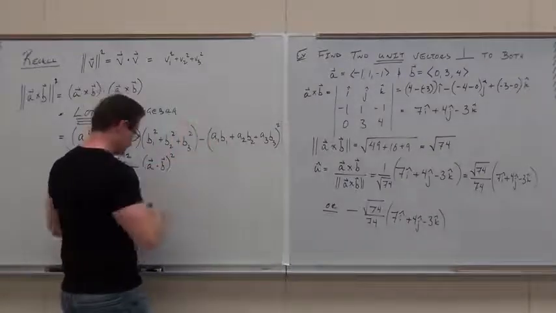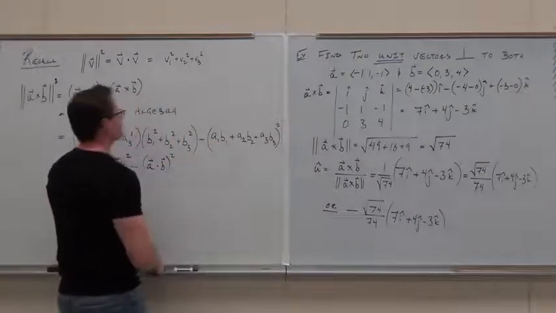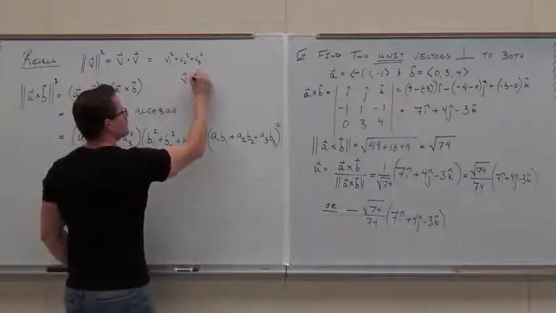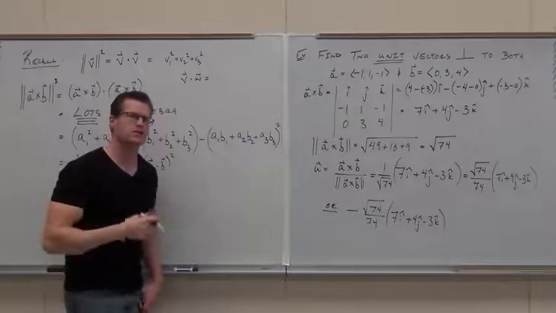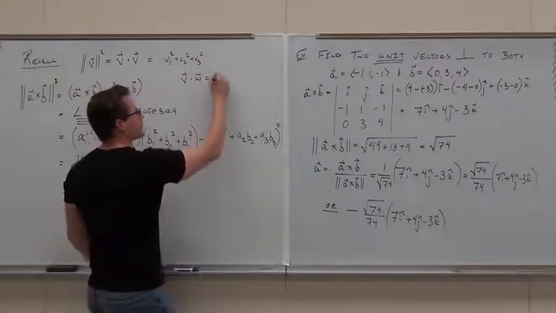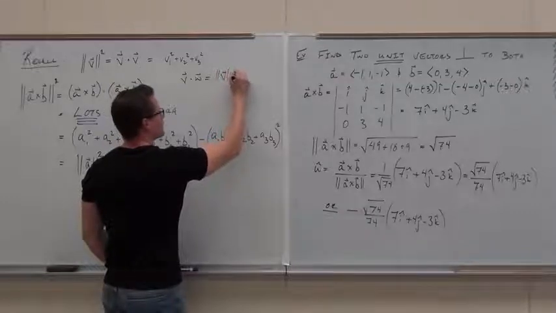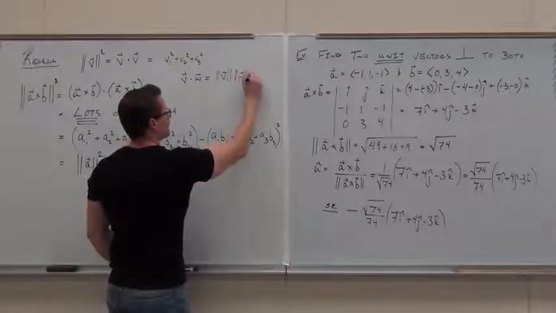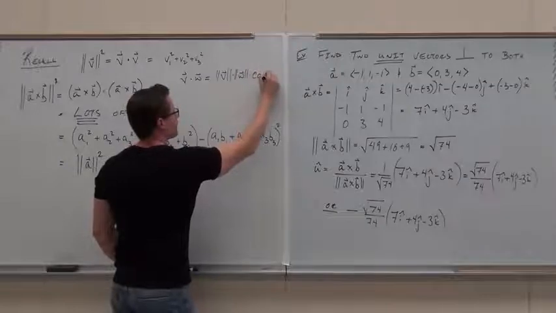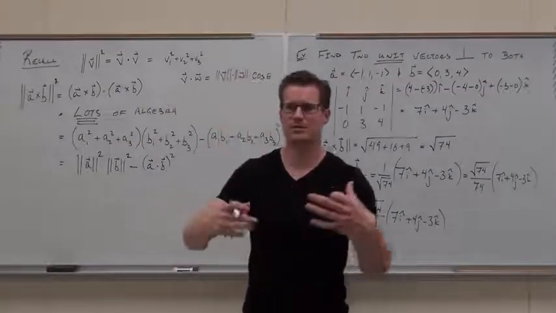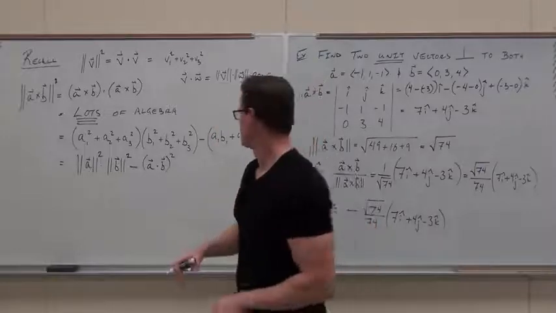Do you recall that one of the ways we could do a dot product was that? You recall that? We had magnitude times the cosine of the angle between them.